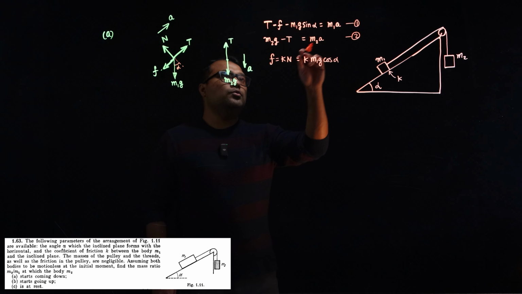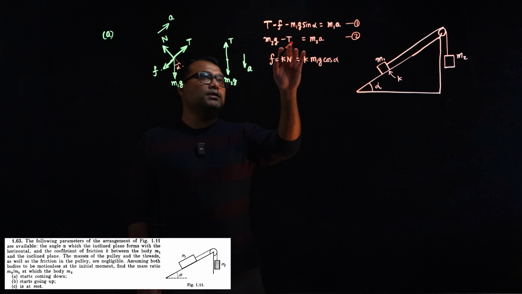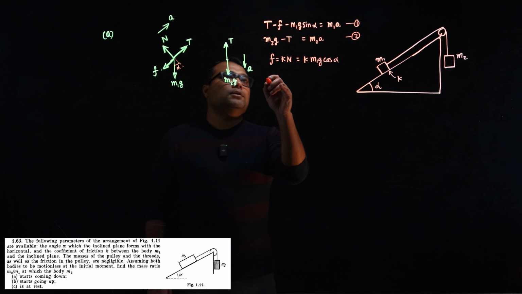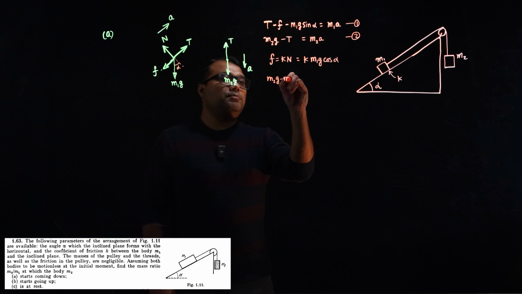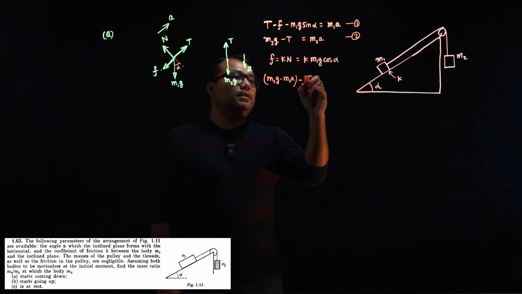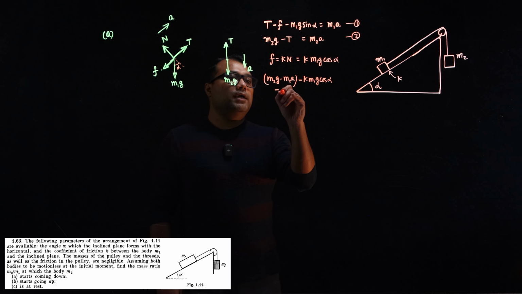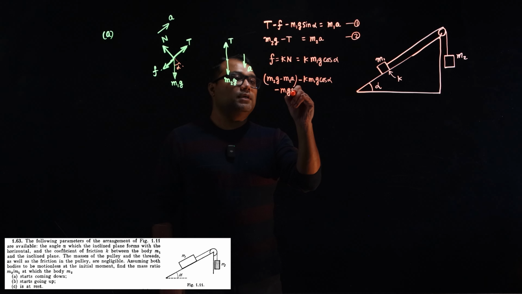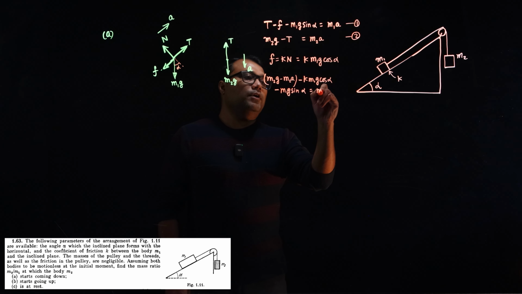From 2 we can find out the tension and substitute here. So that becomes M2G minus M2A, this is tension force, minus K M1G cos alpha is the friction force, minus M1G sine alpha equals M1A.